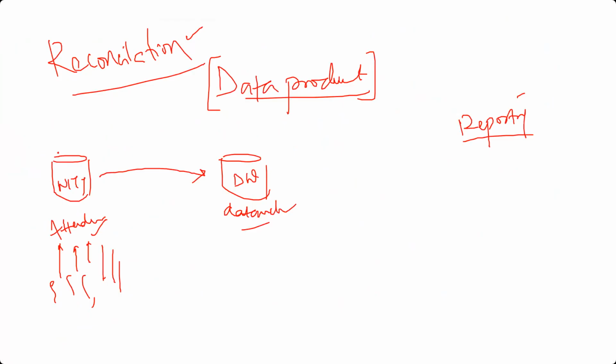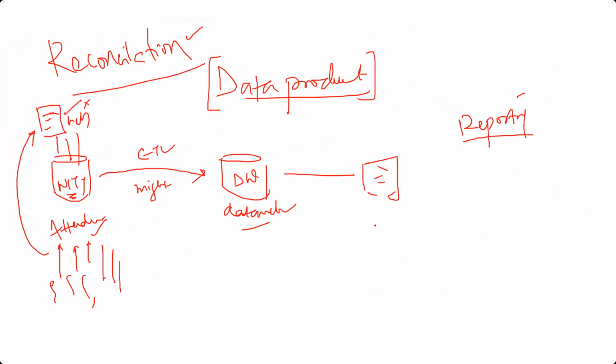There is a website attached to this. Everybody goes to this website, marks the attendance, and then the data sits in this attendance tracker database. Every night there is an ETL job which will push the data from this table to this DB. And a reporting tool like Power BI or Tableau is attached to it.